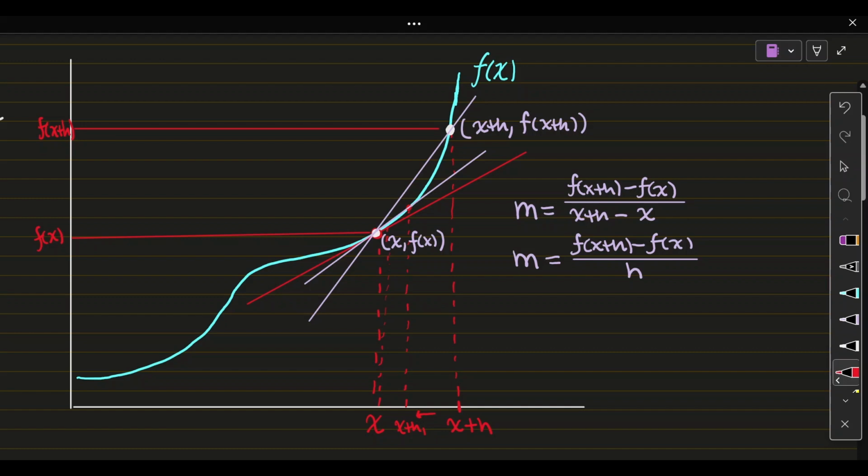Then notice that my line, as I bring this x plus h closer to x, approximates closer and closer my actual line, the red line that I'm looking for. I'm looking for that tangent line. And as I bring my x plus h closer to x, I get closer to that line.